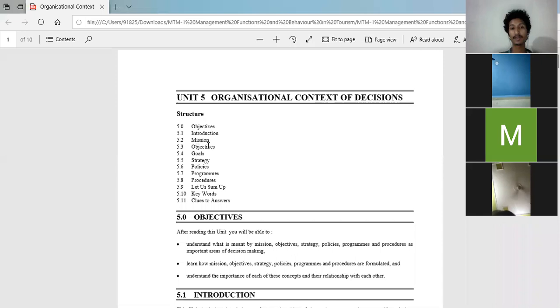For any work, you should have a mission. And when you design the mission, objectives and goals, to make them successful you have to use strategies, policies, programs and procedures. You should plan strategies, formulate policies, initiate programs and lay out procedures.